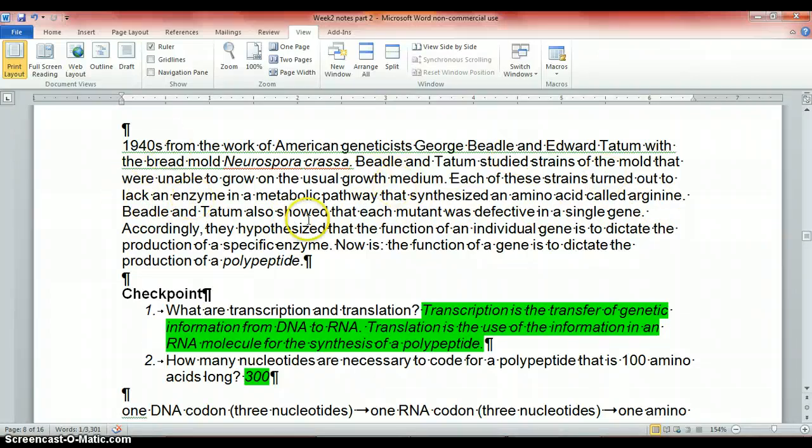Beadle and Tatum also showed that each mutation was defective in a single gene. Accordingly, they hypothesized that the function of an individual gene is to dictate the production of a specific enzyme. Now that means the function of a gene is to dictate the production of a polypeptide.